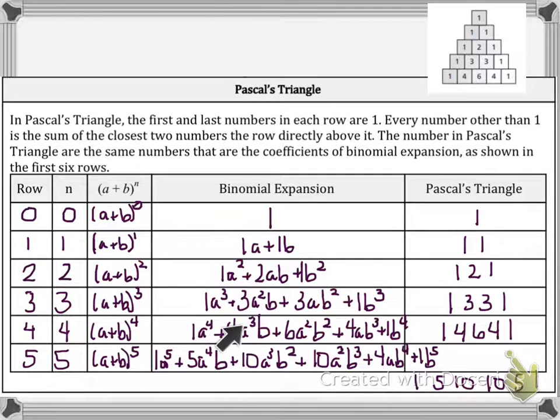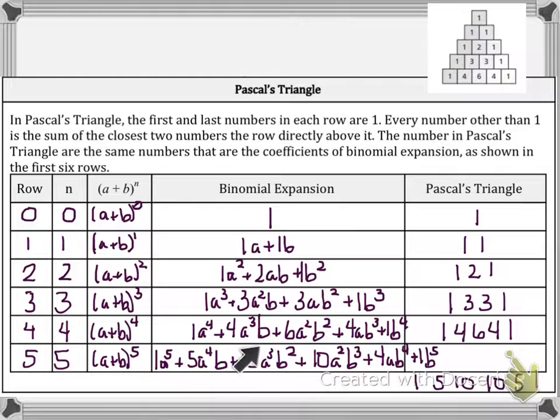Another thing to note about this as well is that in each term, the exponents should add up to that row number. So this is 4. This is 3 plus 1 is 4. 2 plus 2 is 4, 1 plus 3 is 4, and so forth. And you can see that here at the bottom that continues.